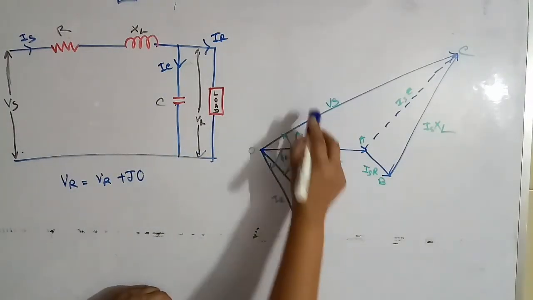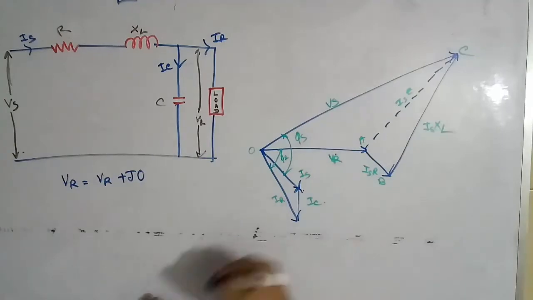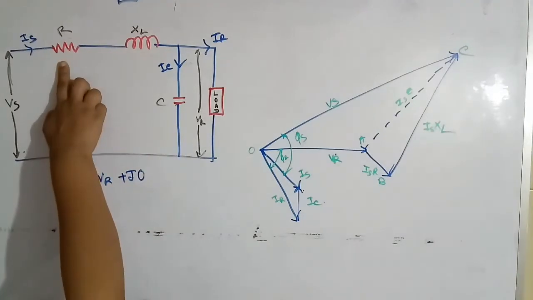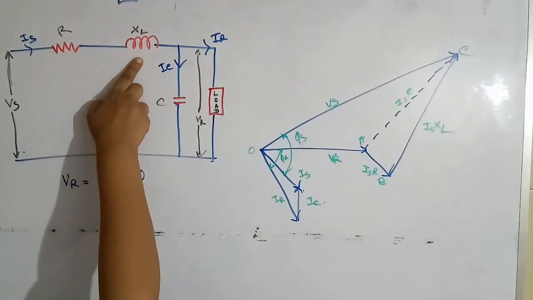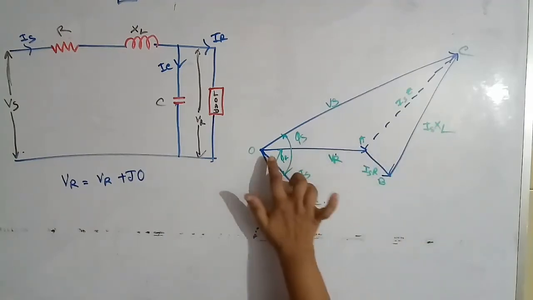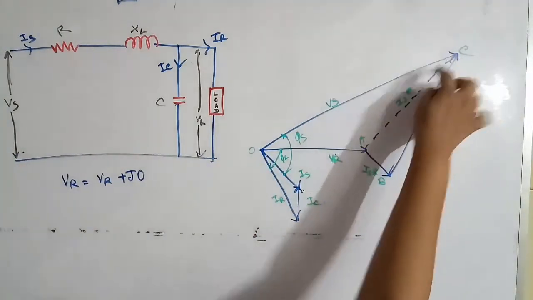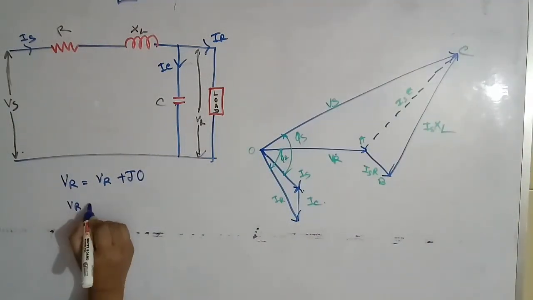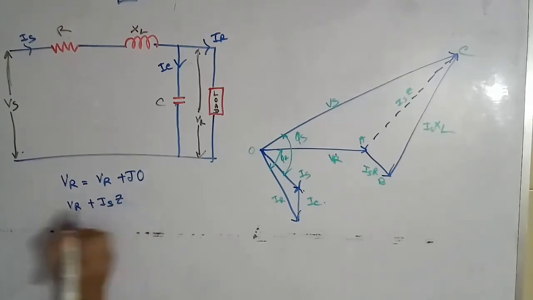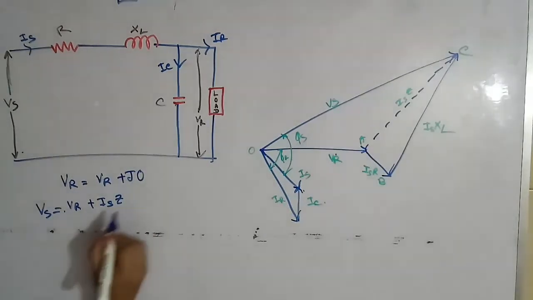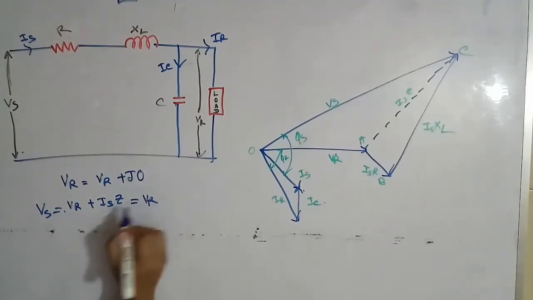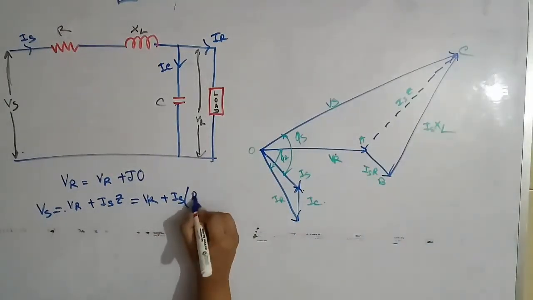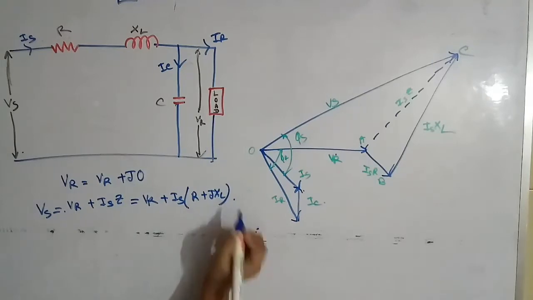So VR is less than Vs, and VR is the voltage across this capacitance, so the voltage drop is across resistance R and inductive reactance XL. If we add VR and Is into Z, we get Vs. So VR plus Is Z equals Vs, and also we can write Z equals R plus jXL.